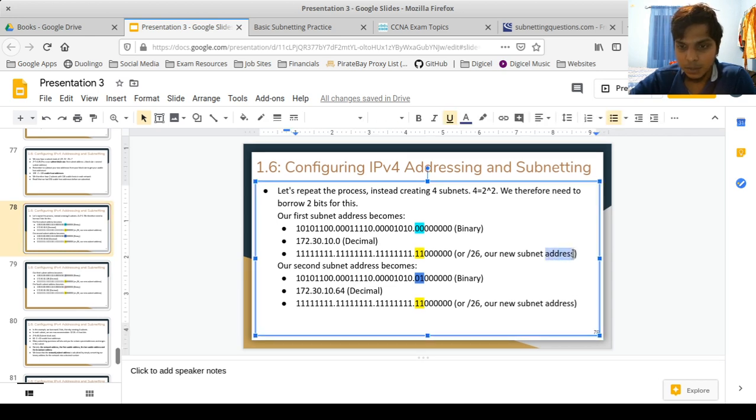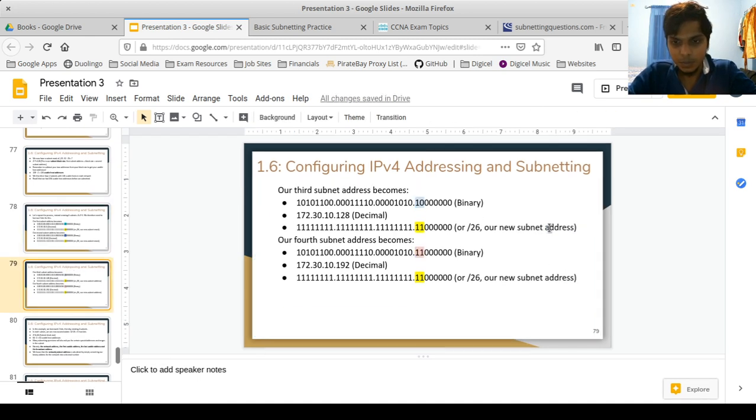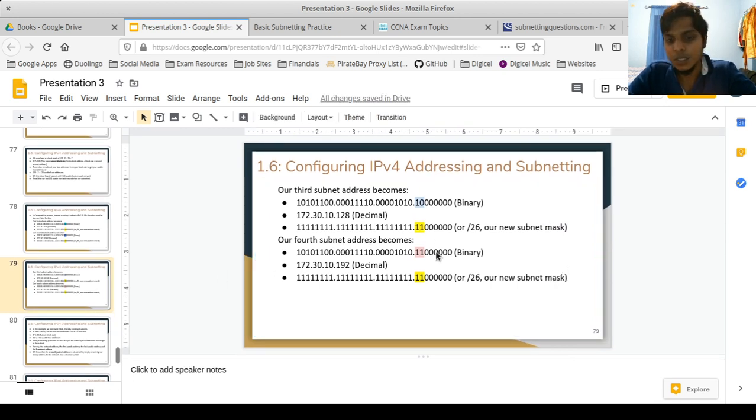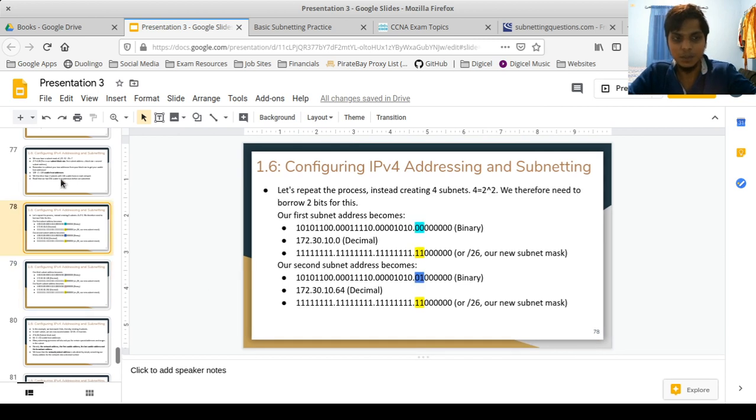Sorry, I need to change this to mask. Let me know if there are any other small mistypes here and there, I'll fix it as we go along. So these are the subnet addresses or the network addresses, and these are the masks, which remain the same.